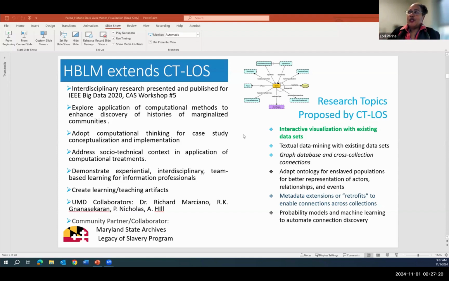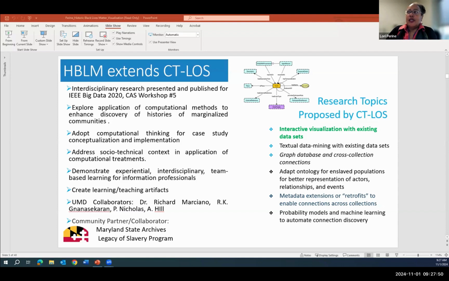And so this particular project is an extension of what was an original interdisciplinary research project and exploration that we did back in 2019, and was subsequently presented at IEEE's Big Data Conference in 2020 in the Computational Archival Science workshop there.